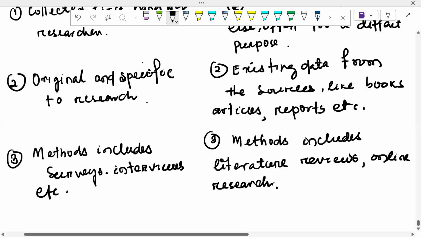These are the 3 points whatever we have discussed for the case of primary data and secondary data. That is the difference between primary data and secondary data.